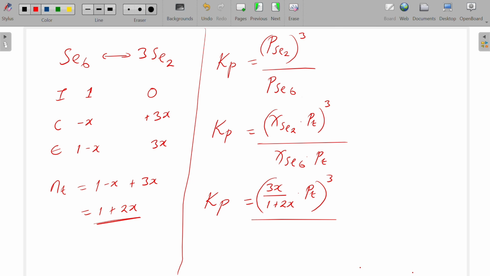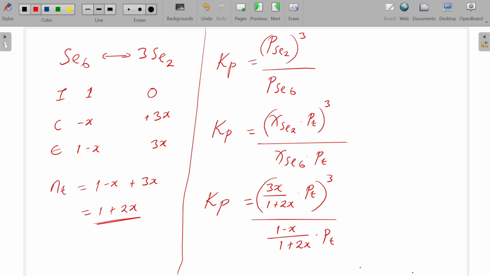Then this whole thing is divided by 1 minus x, which is the number of moles for Se6, divided by 1 plus 2x, and this also multiplies by the total pressure. So that's what we are going to have here.